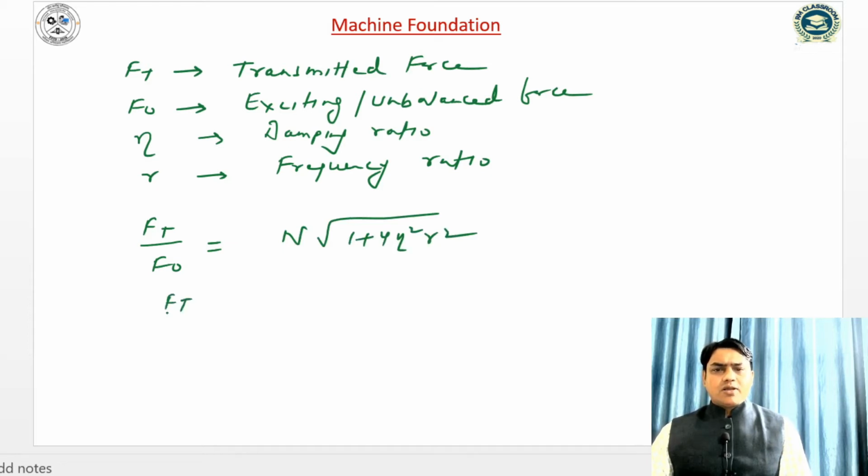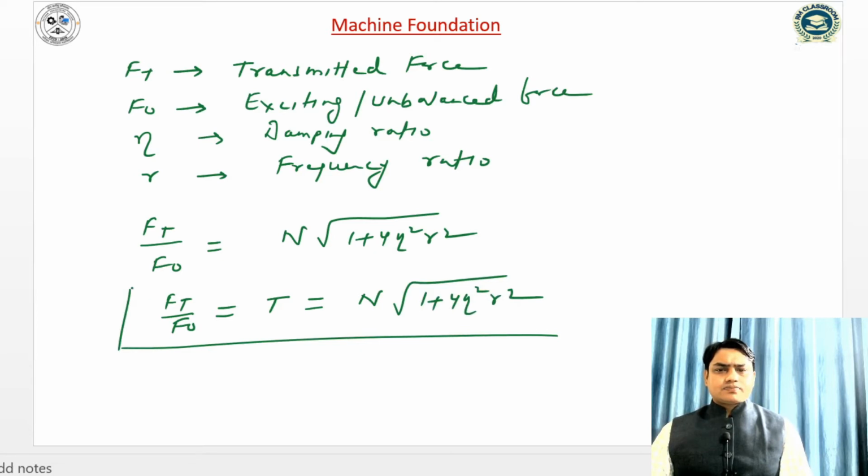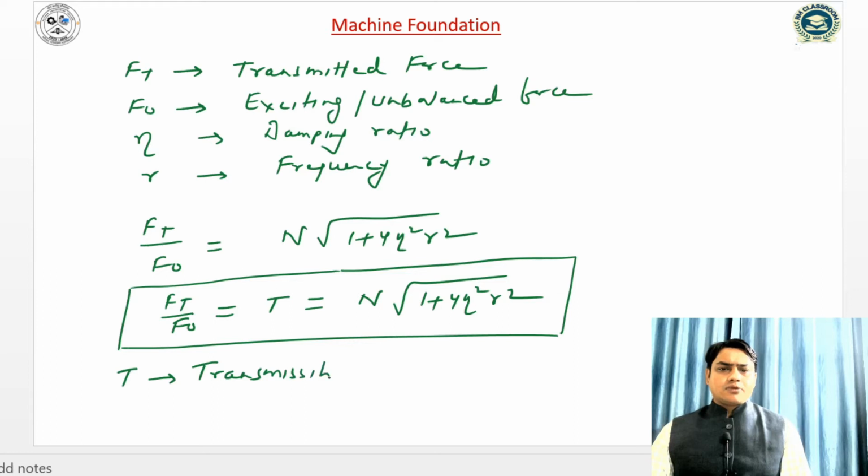So Ft by F naught is equal to T is equal to N square root of 1 plus 4 eta square into R square, where T is the transmissibility force and N is the magnification factor.